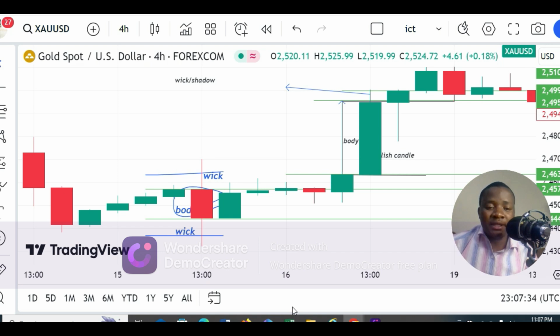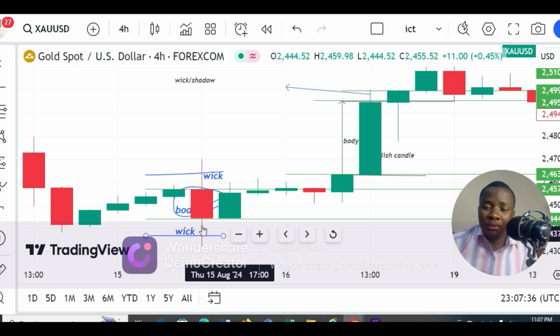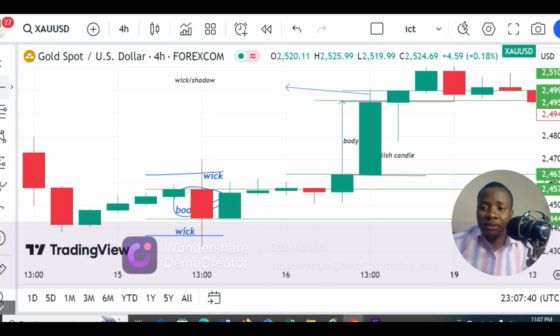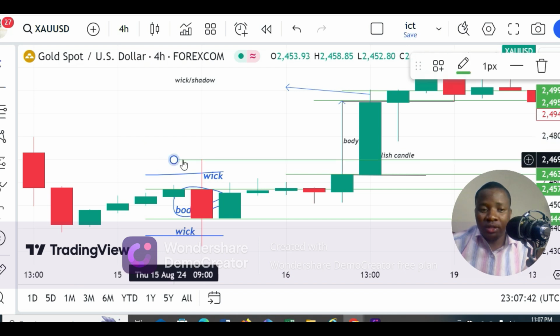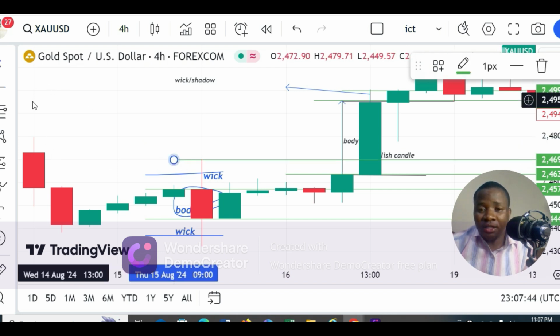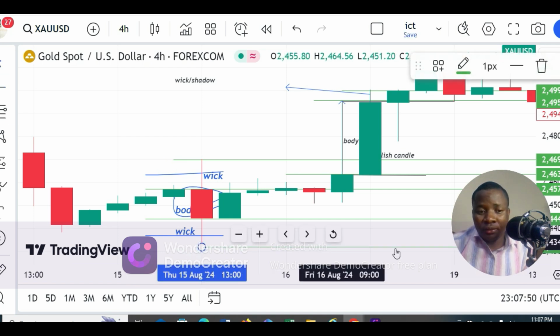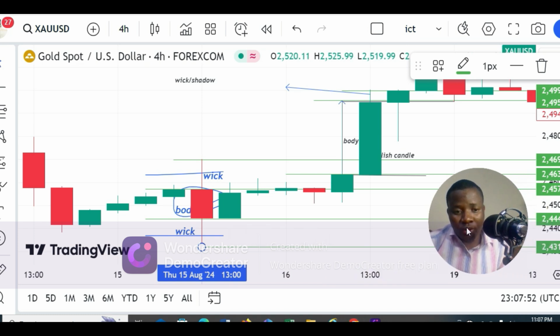The wick on the upper side represents the highest point reached by the price during that particular time. So this was the highest point, 24.69, and the lowest point was 24.31.